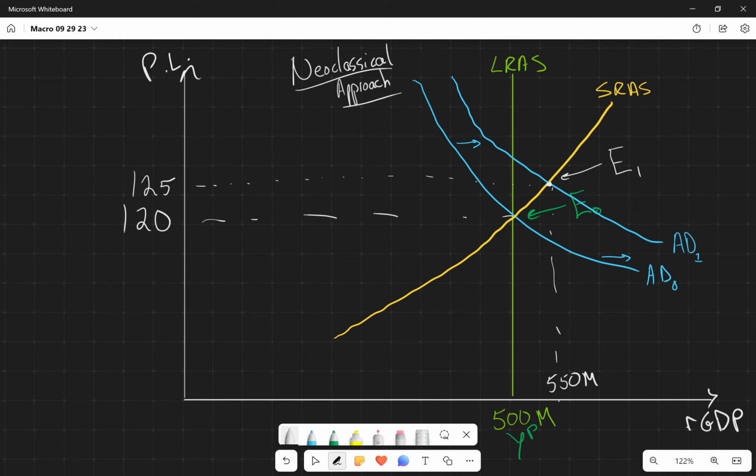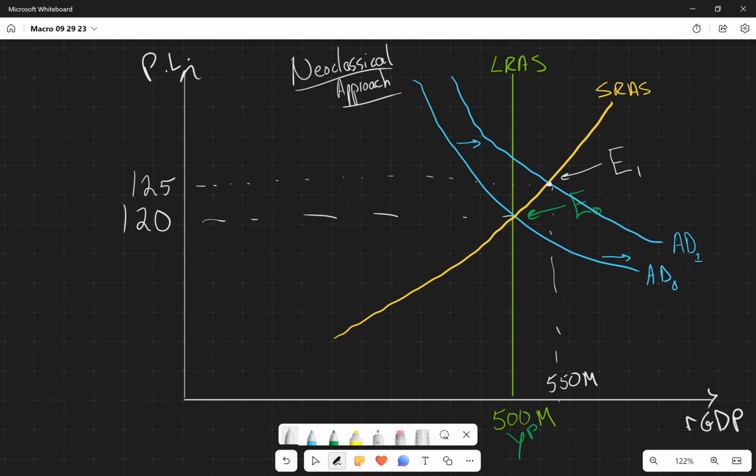So at this new equilibrium, what's going on with the economy? One of the assumptions that we make only for the short run aggregate supply curve is that all of the input prices are held fixed, right? So that might be why this is probably one of the more difficult models we're going to learn in this class, because of the dynamics of it.